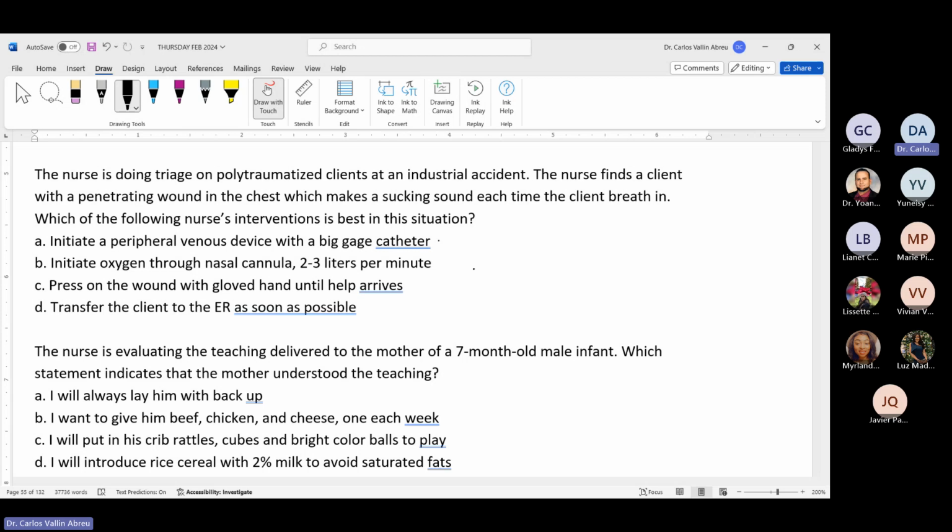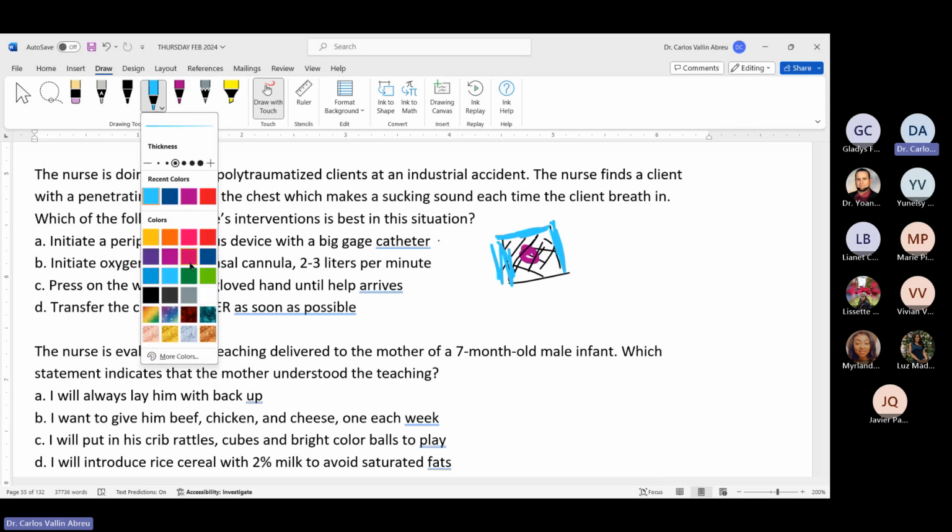The client is arriving into the emergency department where we have all kinds of resources, and we can find an impermeable gauze or dressing, and we can place it over the hole, over the wound, and we are going to tape only 3 sides, only 3 sides, because it is going to prevent the air from entering.